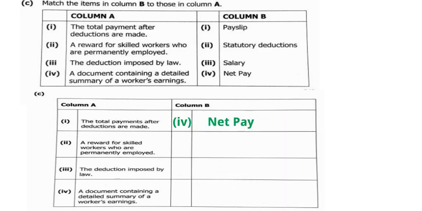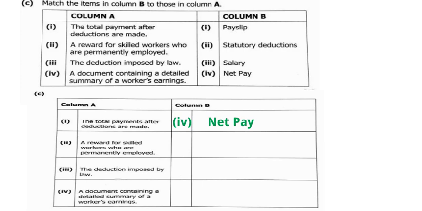When you have gross income, then the deductions are done. They deduct some money from the gross. What you remain with is called net pay. If it's salary, you can say net salary. For instance, if you're working somewhere in a company, they calculate everything.